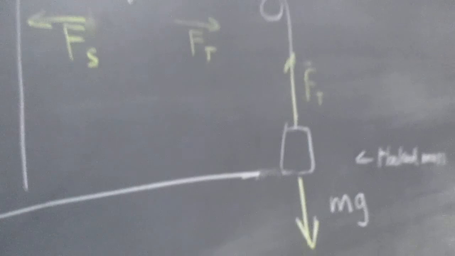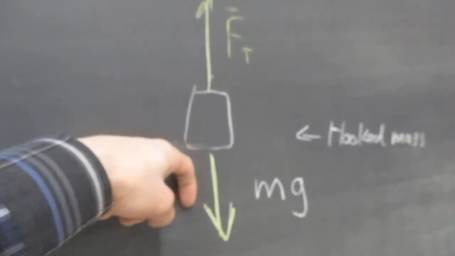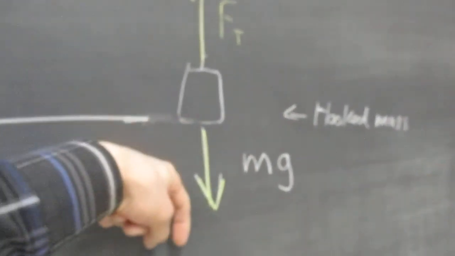So we have some mass here. It looks like about 500 grams, so 0.5 kilograms. We know the weight of it is 0.5 kilograms times 9.81 meters per second squared, to give us our weight in newtons. So our weight in newtons is mg.